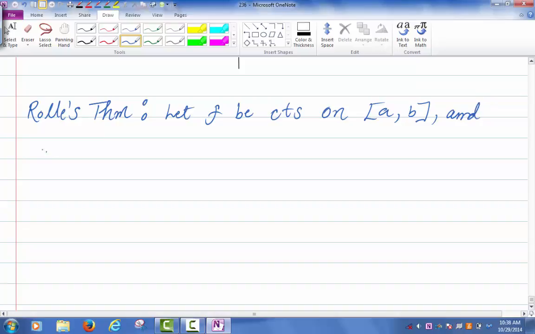And assume f prime of x exists for all x in this interval.